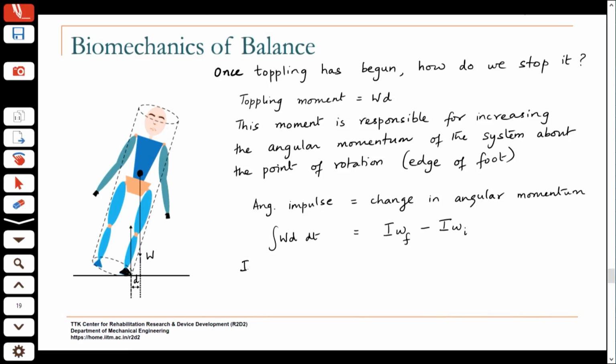So, I is the moment of inertia of the body about an axis through the foot.